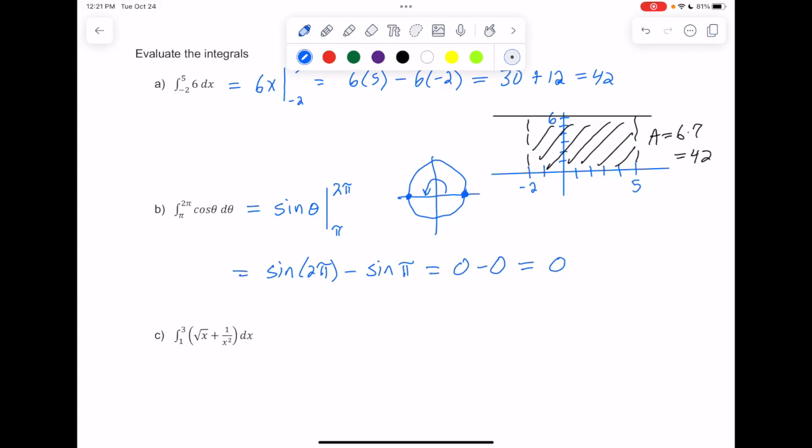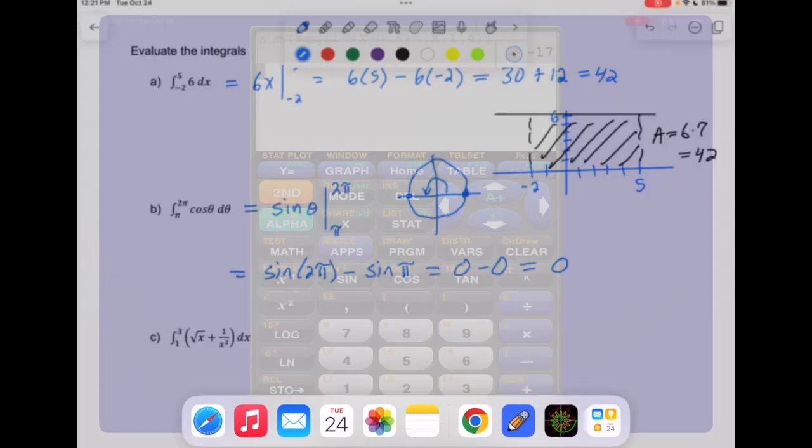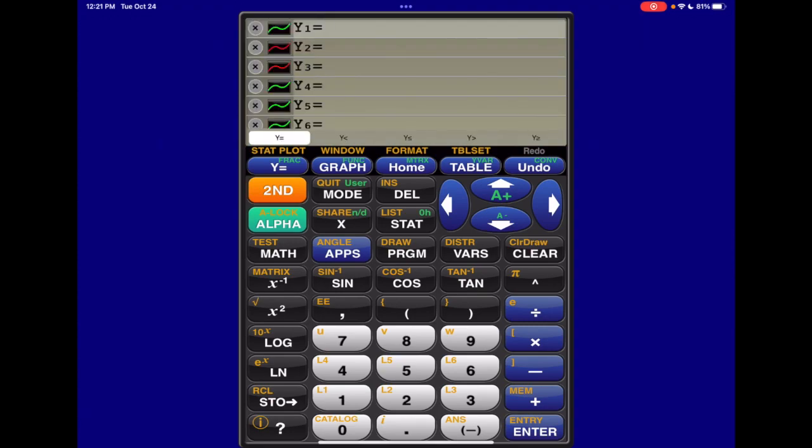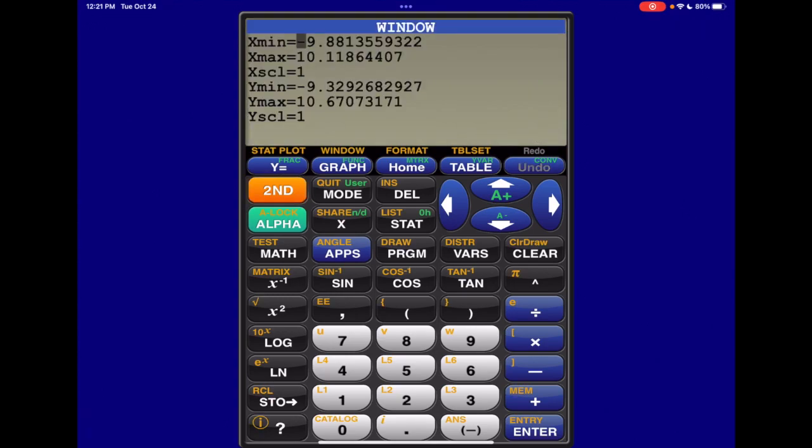So let's look at the graph of this real quick just to make sure that that makes sense. So we'll put in the function that we were integrating, cosine of theta. So we'll just do cosine of x instead of theta because, again, the inside variable is a dummy variable. We can use anything we want for that. And then I'm going to go in and set my graph window, so second window.